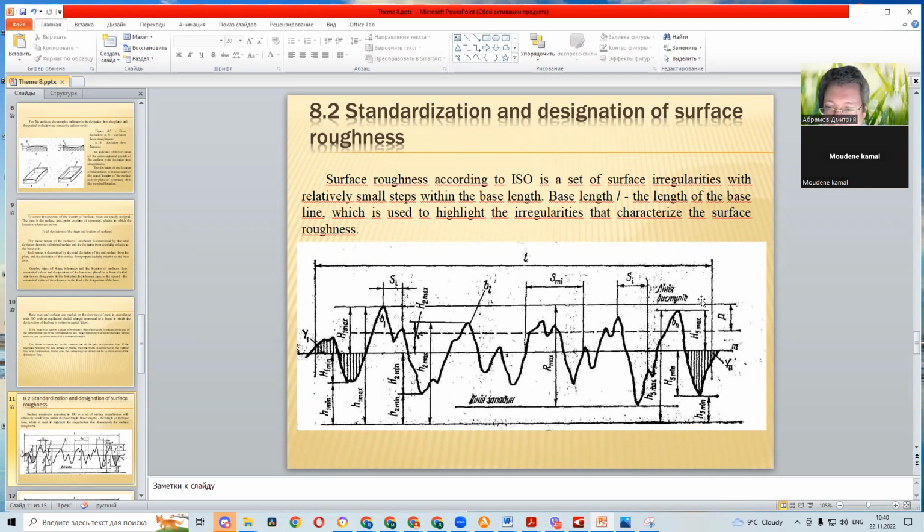This distance, this dimension. The length of the baseline, which is used to highlight the irregularities that characterize the surface roughness. This line, its base length.